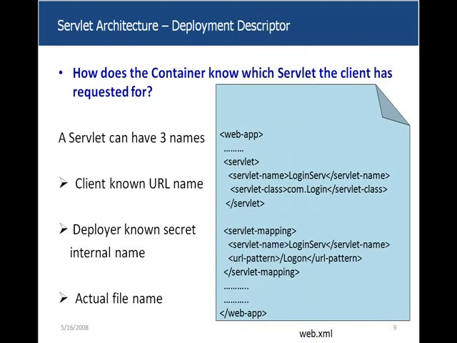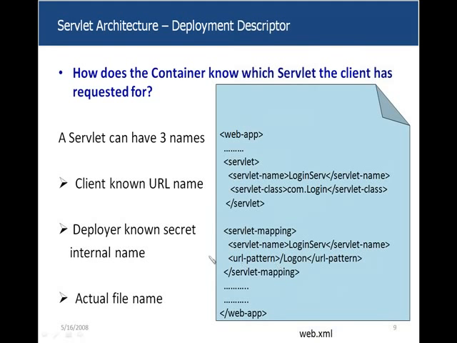So when the client sends in yahoomail.com/logon, it matches the URL in the URL pattern tag. It sees that the client has selected this URL, so it matches the URL present in this mapping. It checks what the corresponding servlet name is for this URL pattern, and sees it's logon serve.